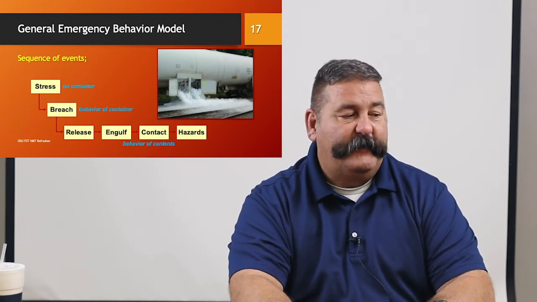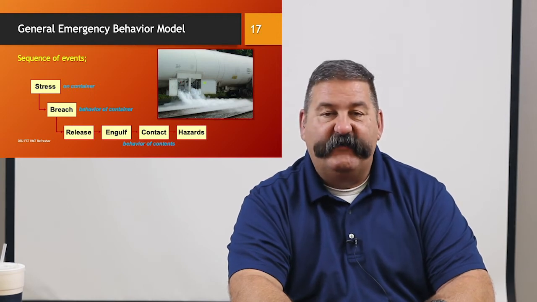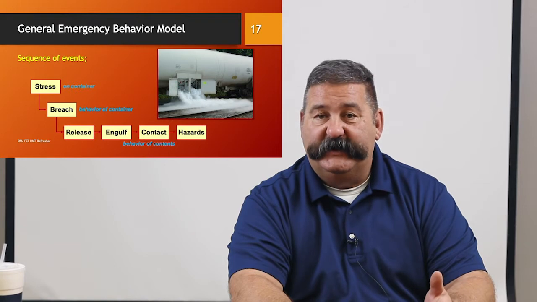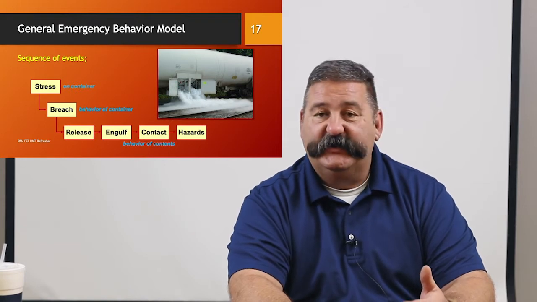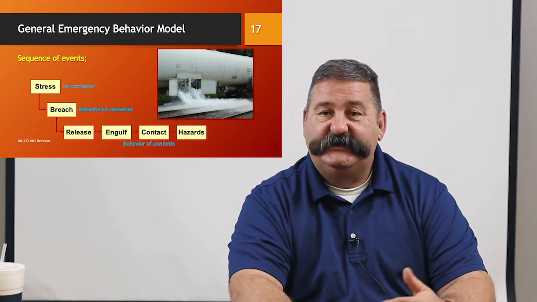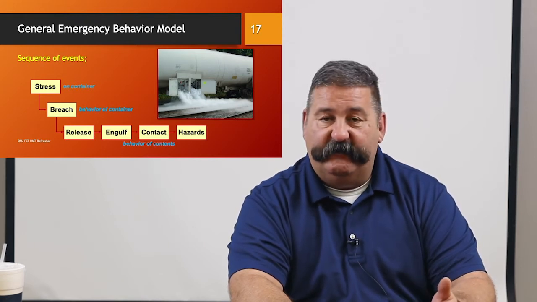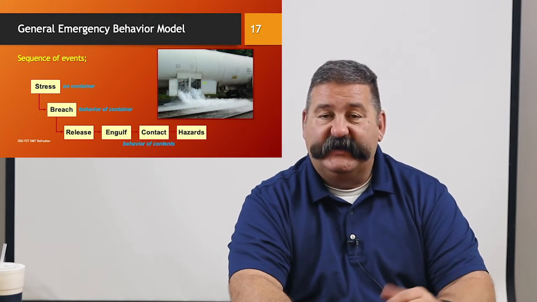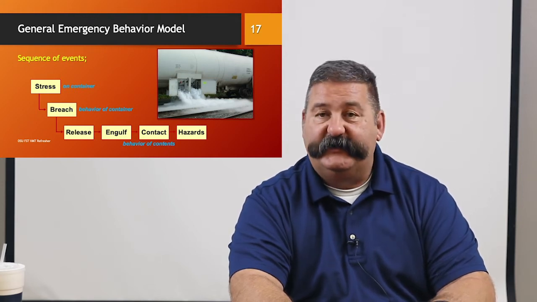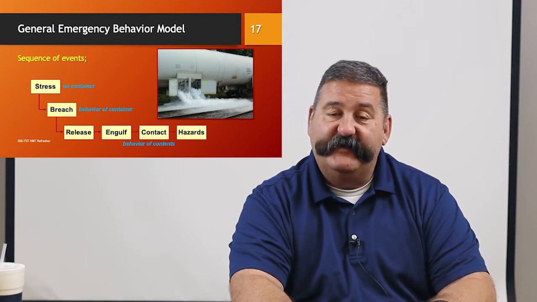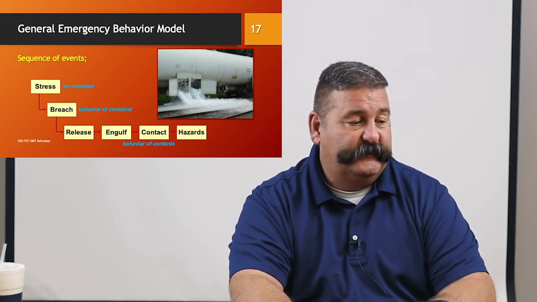For example, if I put a certain type of stress and overwhelm that container, it's going to breach. Then I've got to figure out what kind of breach I'm looking at, and that's going to have a lot to do with the type of container that I've got. When I have a breach, we're going to get a release. And then it's going to engulf, make contact, and have certain hazards that are going to happen to us. Engulf, contact, and hazards are the behavior of the contents that are being released.